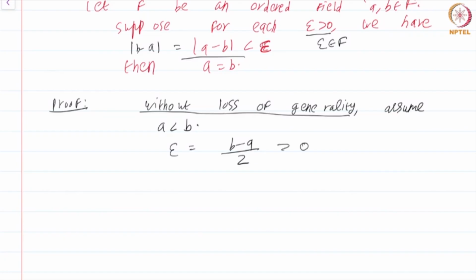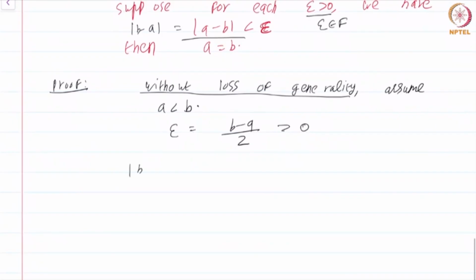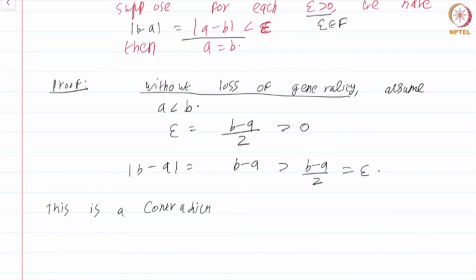Now mod of b minus a is equal to b minus a, because b is greater than a, which is greater than (b minus a) by 2, which is equal to epsilon. This is a contradiction. Since this case leads to a contradiction, so will the other case, and we are done.